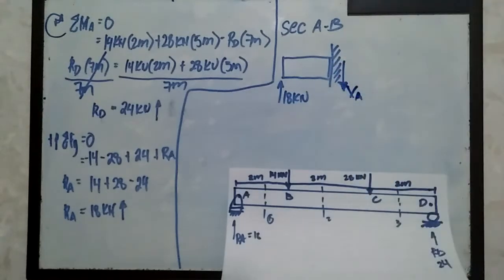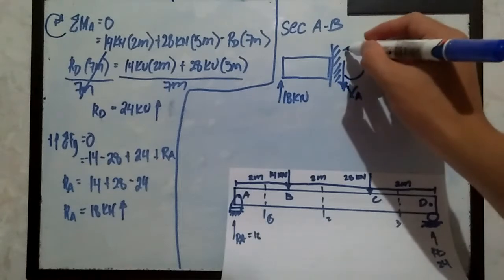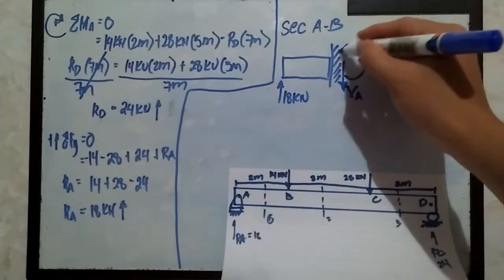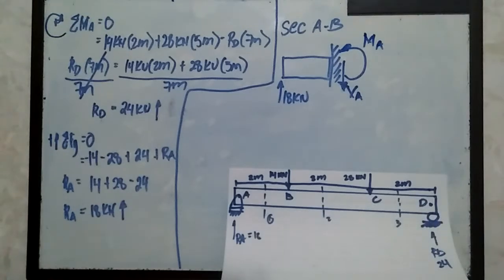And of course, we have the bending moment because the beam is supporting transverse loads. That's the main function of the beam, of course. It's designed to resist those forces. So this is moment sub A. Okay, so this is the representation of our section A-B.